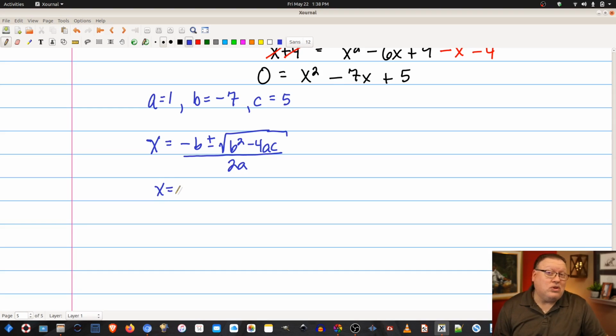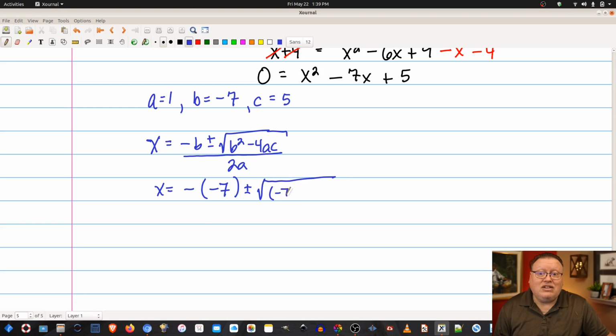And again, once we find them, we still have to check them because we may have an extraneous solution. So let's try this. We have a opposite b. When I substitute, I always want to use parentheses because I don't want to confuse the negative of my b with the negative in the formula. So this is opposite of a negative 7, and then this is plus or minus the square root of b squared.